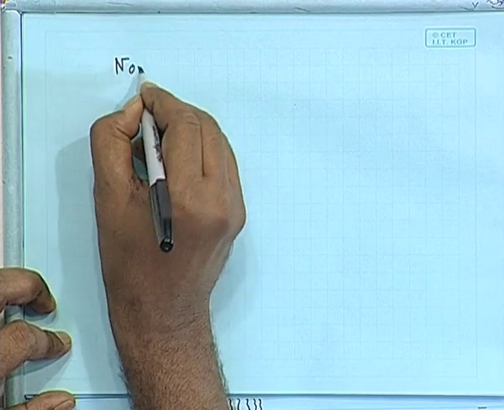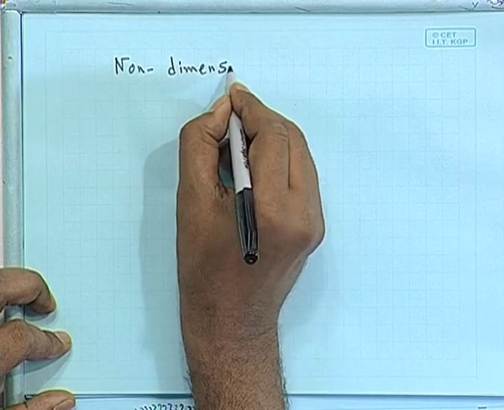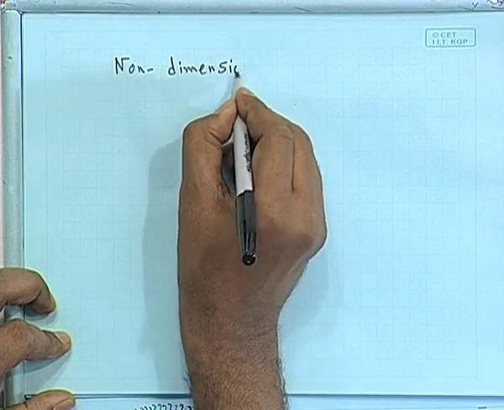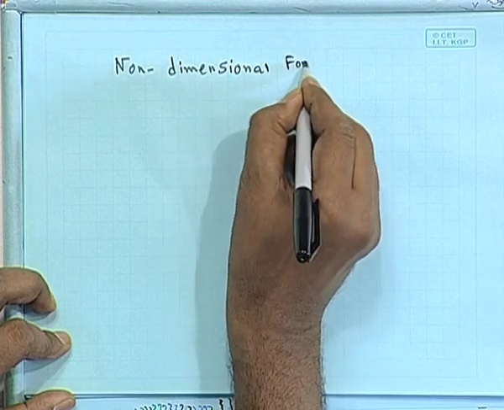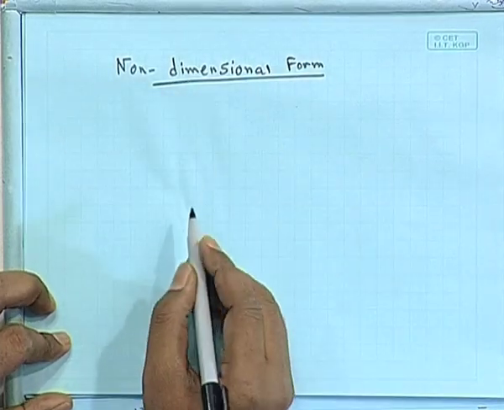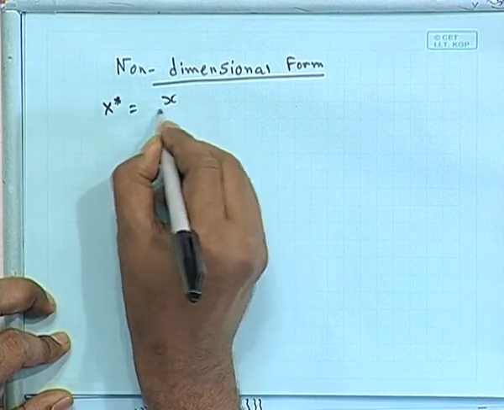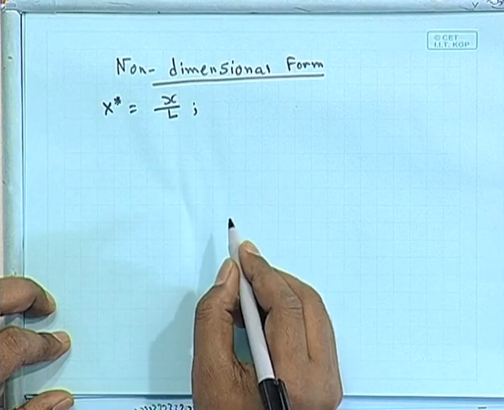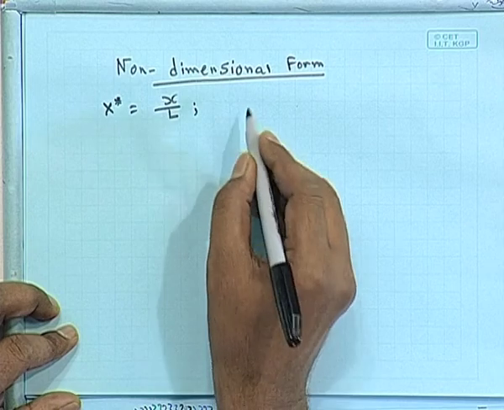For that, you have to make the governing equations non-dimensional. In order to obtain the non-dimensional forms, you have to define the non-dimensional quantities. x star is made non-dimensional against the length L of the plate.